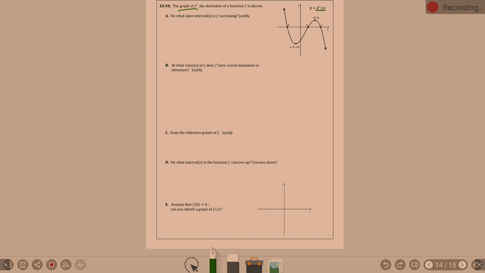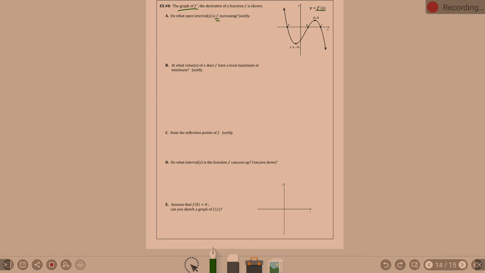On what open interval is f increasing? Negative infinity to A, and then B to C. Why? Because f prime is positive. So we're looking at the derivative, yes? This is the derivative. But what are they asking me a question about? The original function.